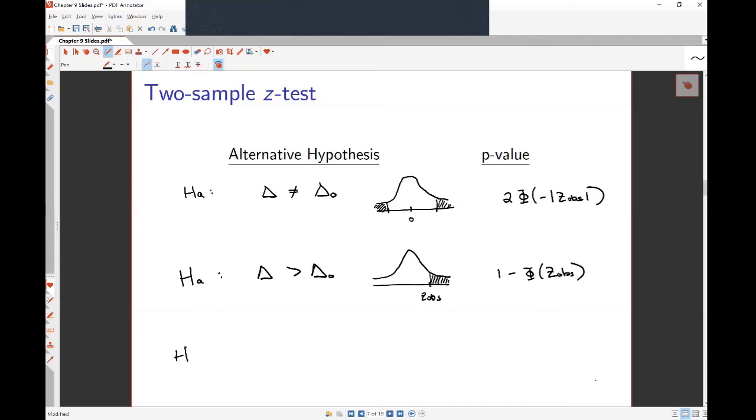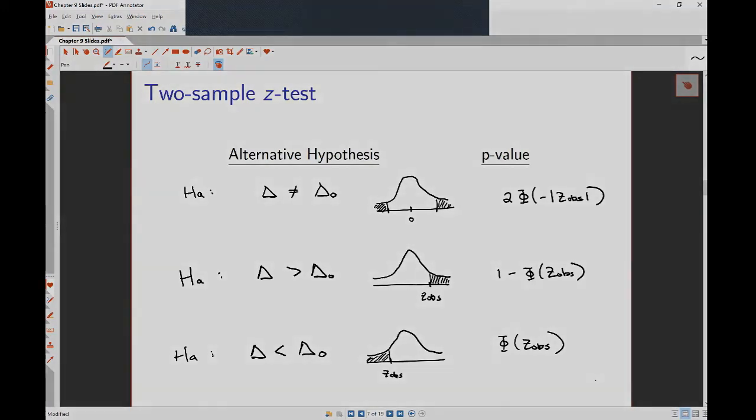And finally, if your alternative was one-sided in the other direction, so delta less than delta naught, now you want the area to the left of your observed z value, and this is just going to be the normal CDF at z observed. And if you go and compare these to the one sample situation, once you've calculated z observed, the calculation of the p-value is exactly the way we previously did that.